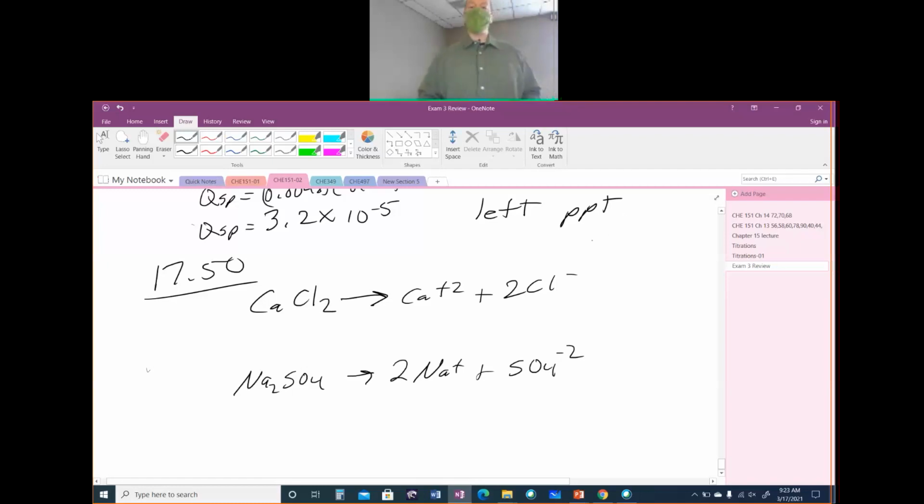All right, so now we have these ions in solution, and they're asking about a precipitate. What we know is that calcium is going to go with the sulfate. The sodium is going to go with the chloride. All sodiums are soluble. So we're not talking about sodium chloride. The precipitate that would happen is the calcium with the sulfate. And so the question is, does calcium sulfate precipitate?